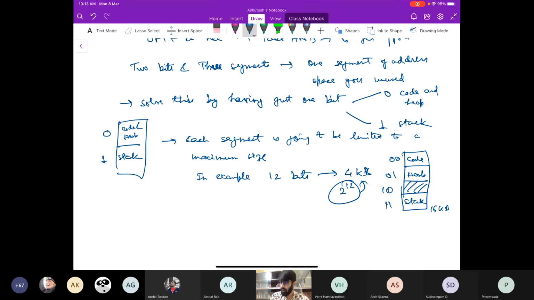So the program cannot grow any segment beyond this maximum size.